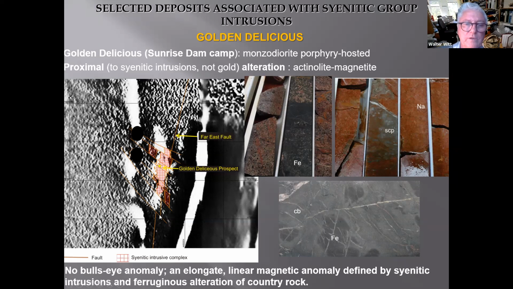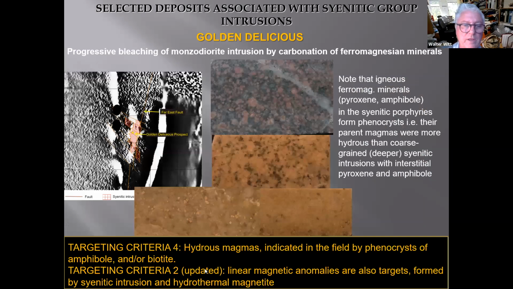And we note that there's no bullseye magnetic anomaly here at Golden Delicious. It's quite a linear anomaly. Thus, we might need to modify targeting criteria number 2 to include linear magnetic anomalies as well as bullseye anomalies. The 4 pictures of drill core in the center of the slide illustrate the progressive bleaching or alteration of the monzodiorite porphyry via carbonate alteration of the ferromagnesian minerals.